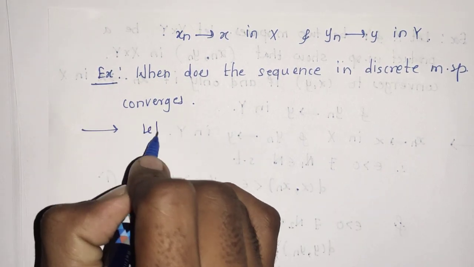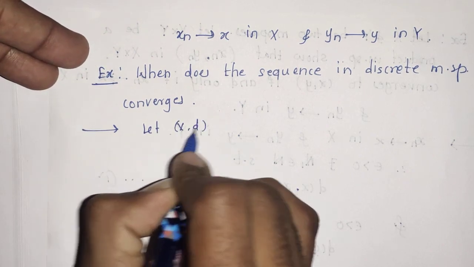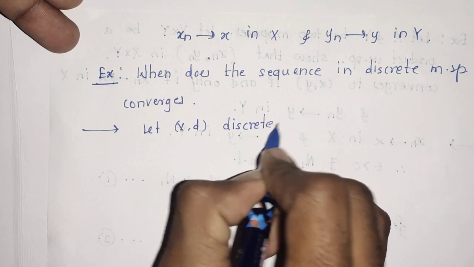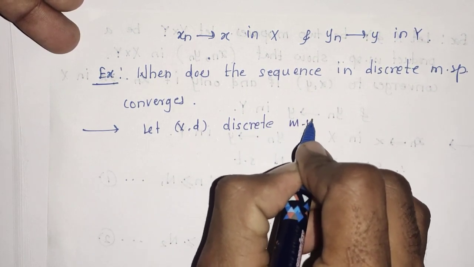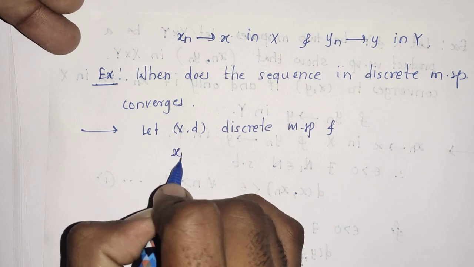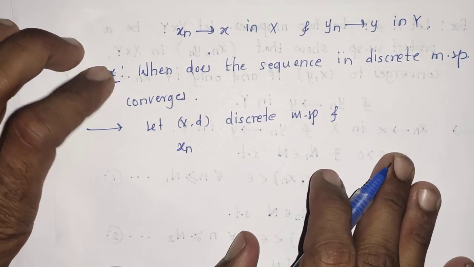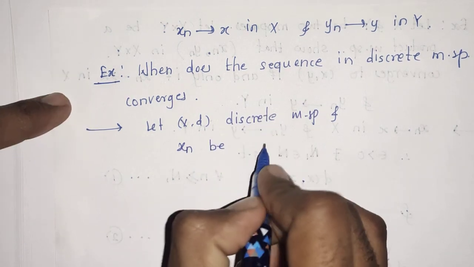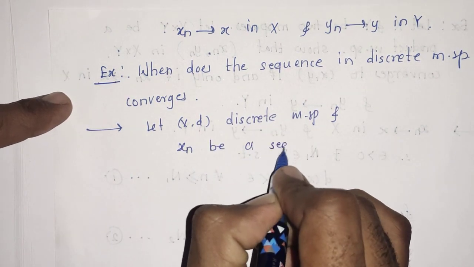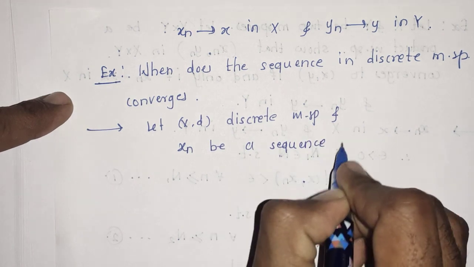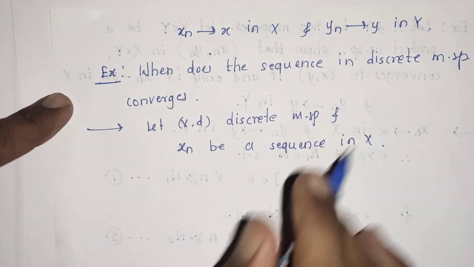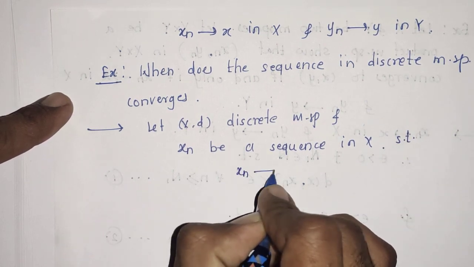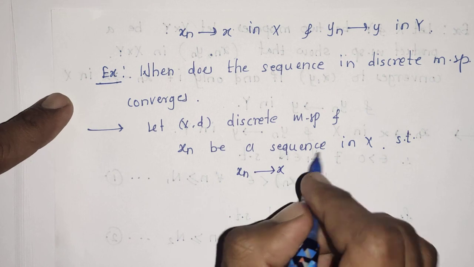So, let (X, d) be a discrete metric space and let xn be a sequence in X such that xn converges to x, some element in X.